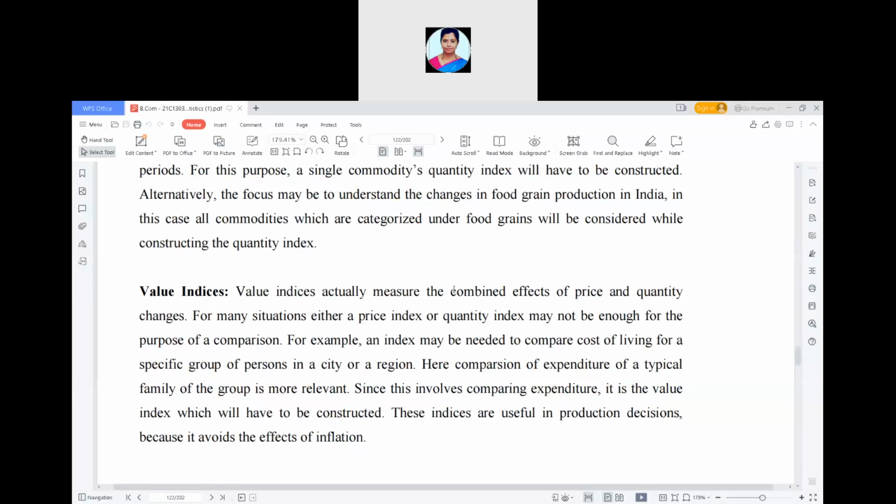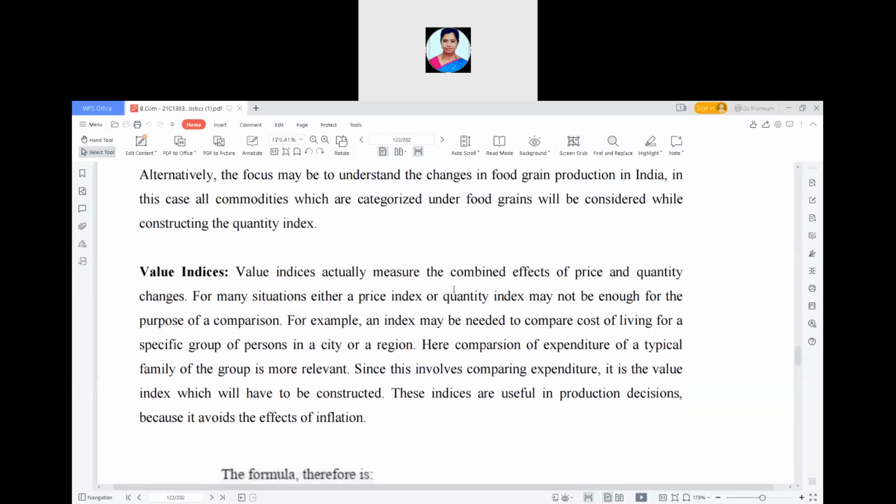In production decisions we can make use of value indices since they avoid the effect of inflation. So for that reason we can use value indices. These are the three main indices we use in index numbers.